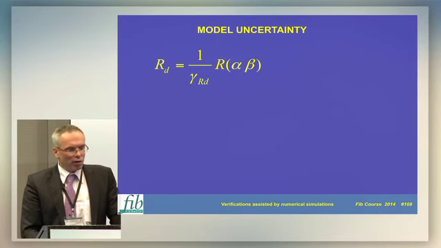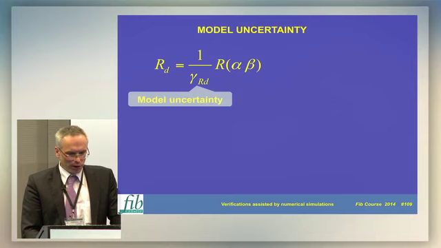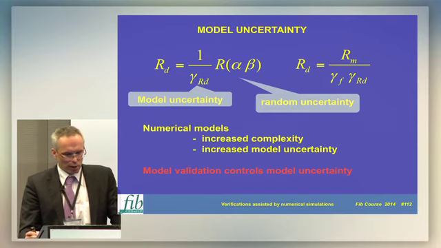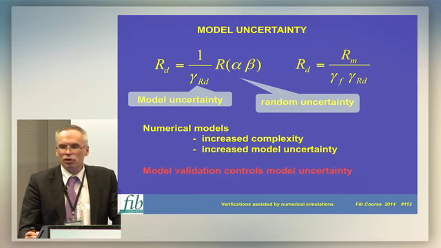Another aspect is the model uncertainty, which should be considered, and so far there are some provisions in the probabilistic model code, as mentioned by Professor Mancini in the morning.